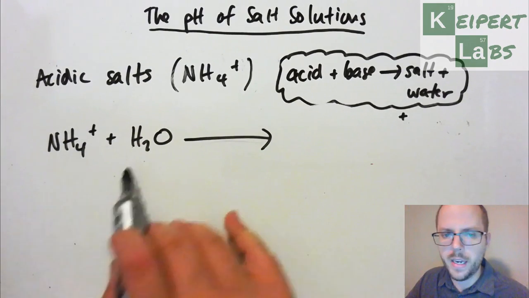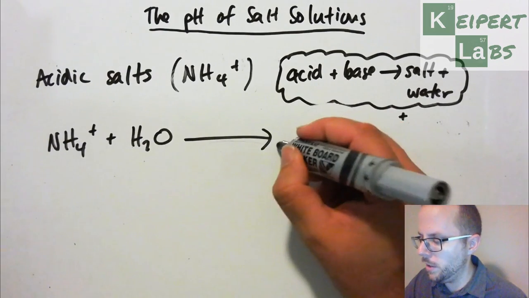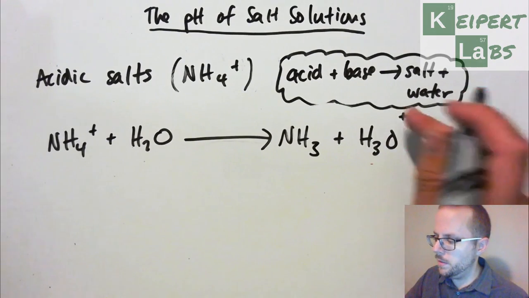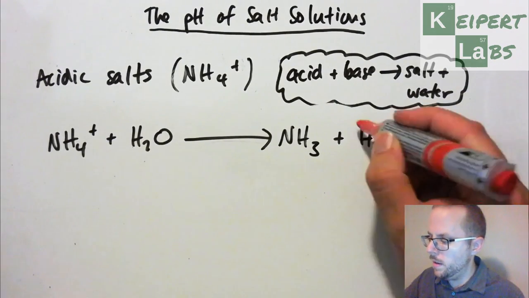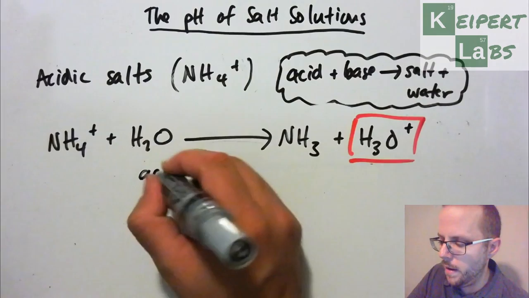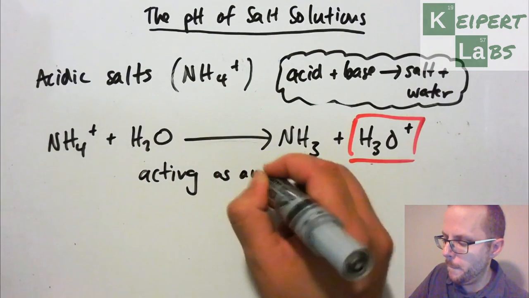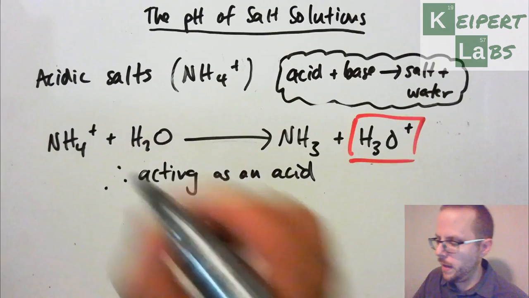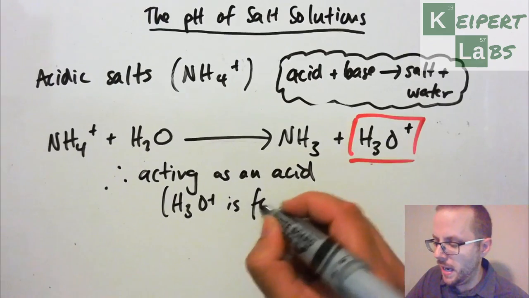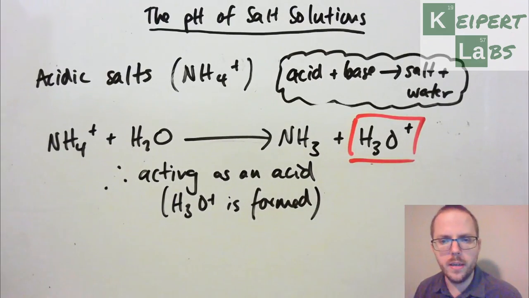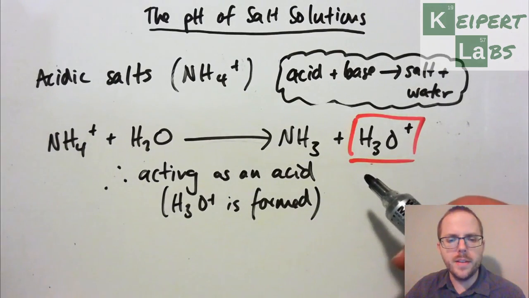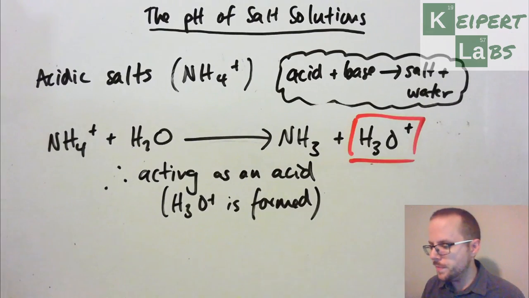This has an extra proton that it can donate to the awaiting water molecule to make ammonia and H3O+, which, remember, means it's acting as an acid, because hydronium is formed. Now, it didn't contain hydronium originally, but by this interaction with water, hydronium is formed, and therefore it is acidic.